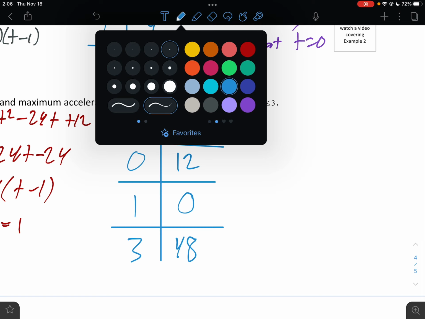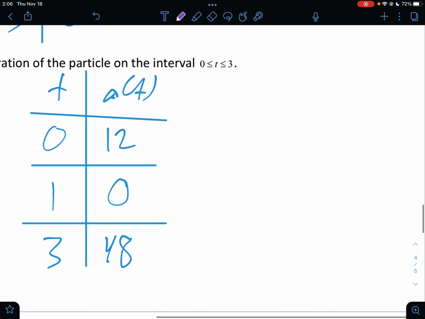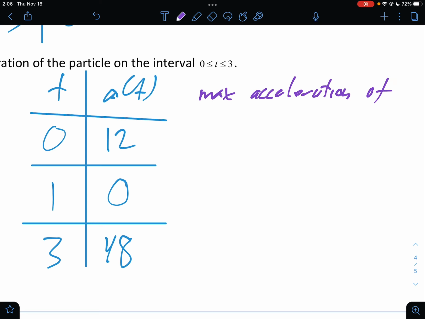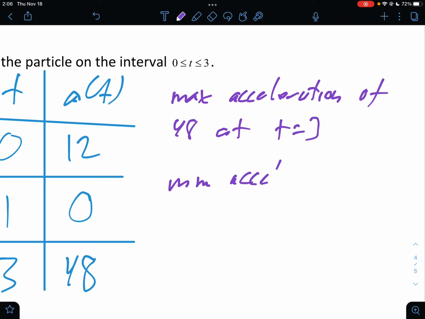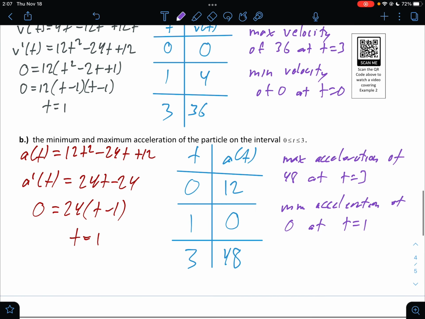So you'd have a maximum acceleration of 48 at t equals 3, and a minimum acceleration of 0 at t equals 1 on this closed interval 0 to 3.